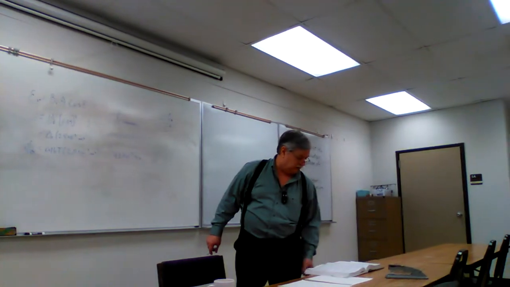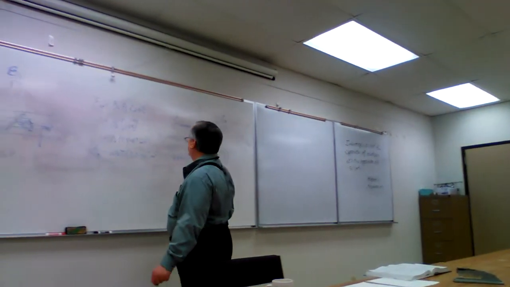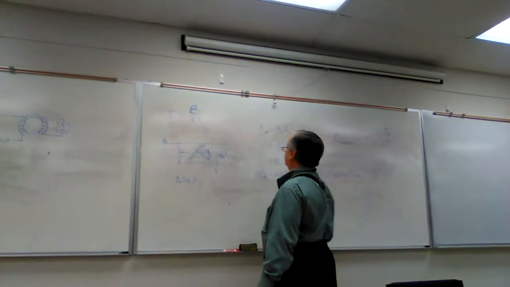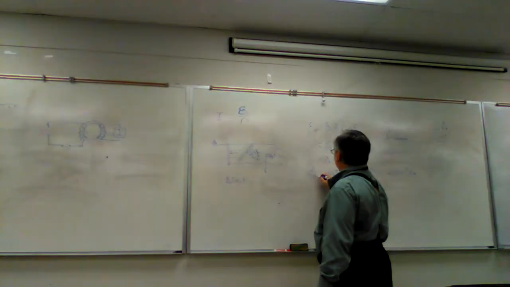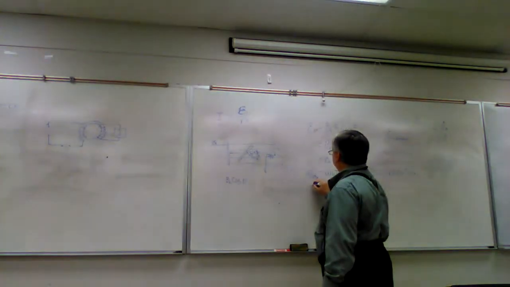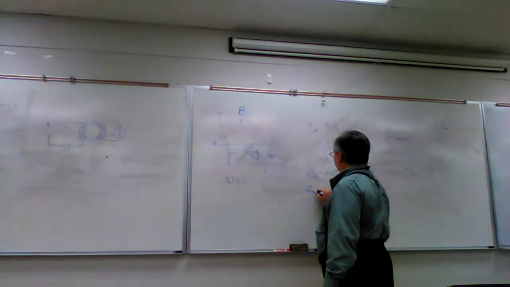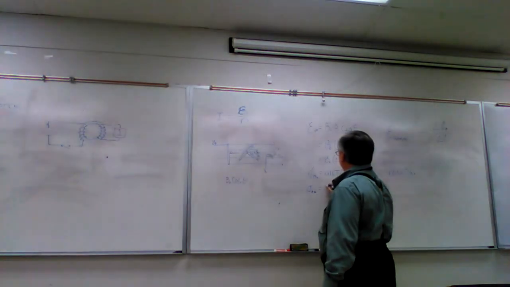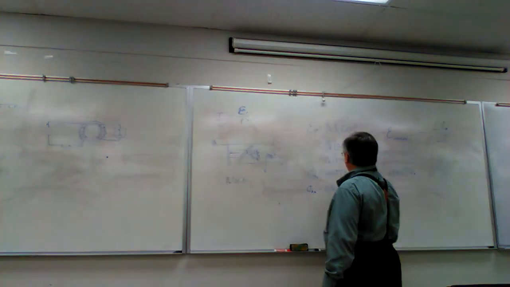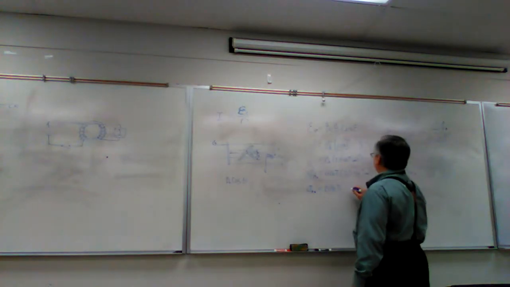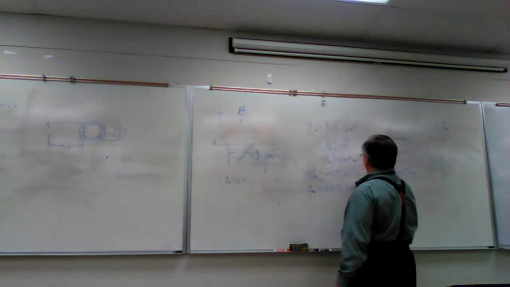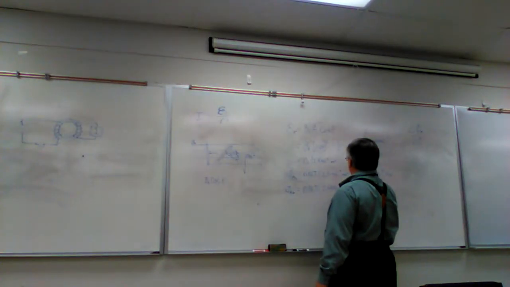That's A. Now they ask, what about when it changes to 30 degrees? This is at 0 degrees. What's the flux at 30 degrees? Still 0.16 Tesla. Still 2.5 times 10 to the minus 3 meters squared.